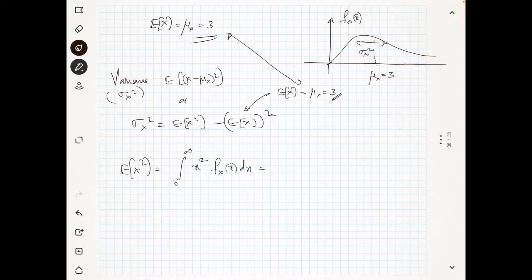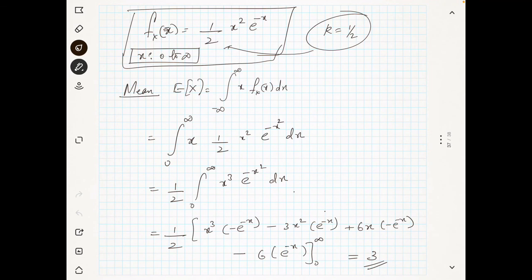So this is nothing but 1 by 2 integral, okay, I will write the step, integral 0 to infinity x square into 1 by 2 into x into e power minus of... did I make any mistake here?